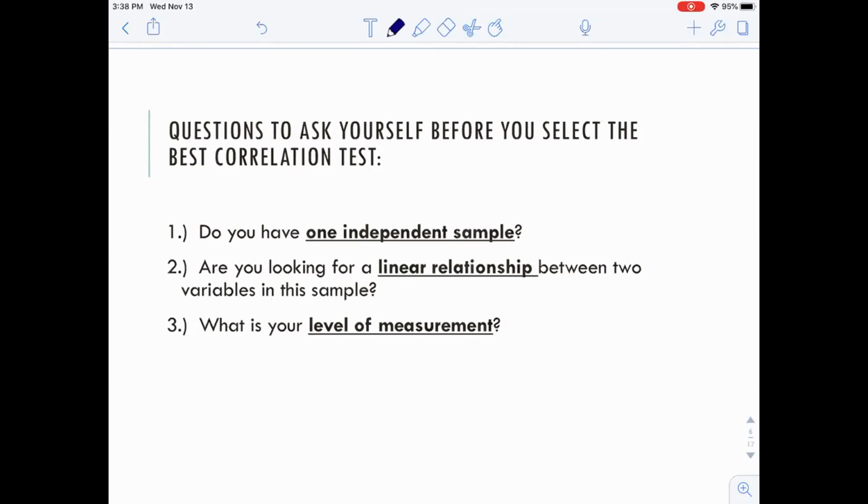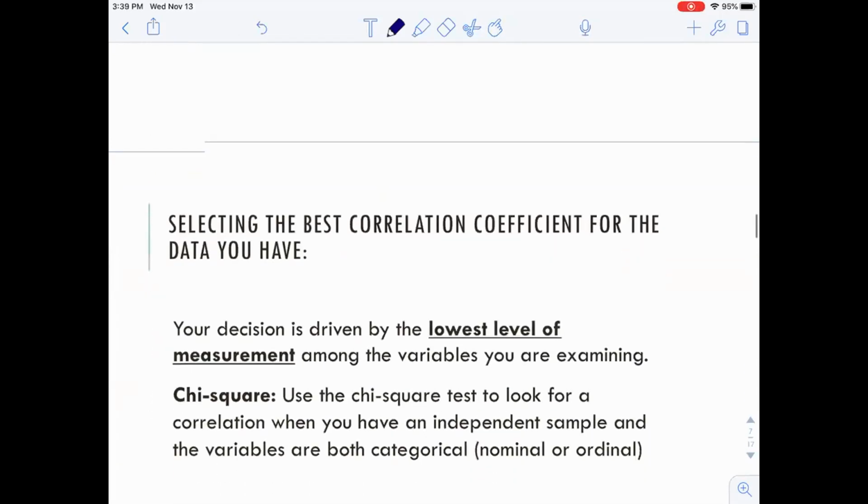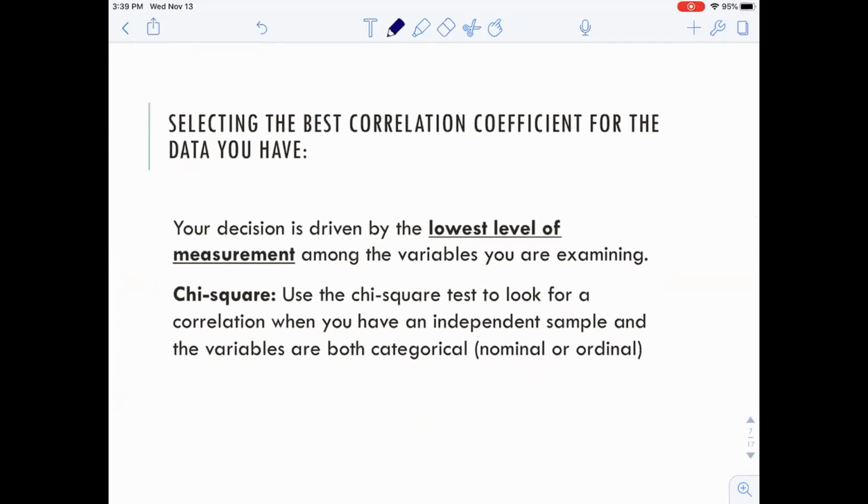And then, of course, what's your level of measurement? We are so hung up on that. But depending on what type of data you have, that's going to determine what tests to run or what correlation to calculate. Okay. So for our correlation coefficient, it's going to depend on the lowest level of measurement.